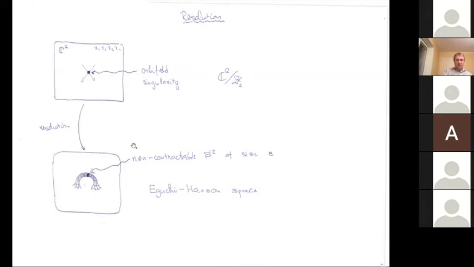So from the string theory point of view, one can actually consider a space. There is a well-defined procedure of resolving the singularity, meaning that we consider a space that is not singular. This is known as a Gibbons-Hawking space.